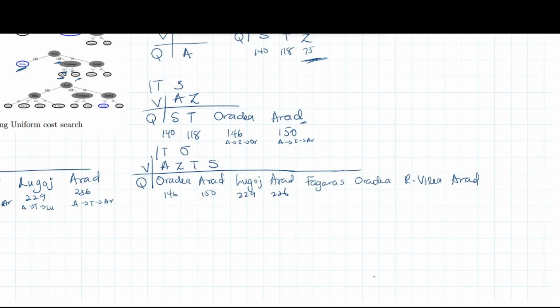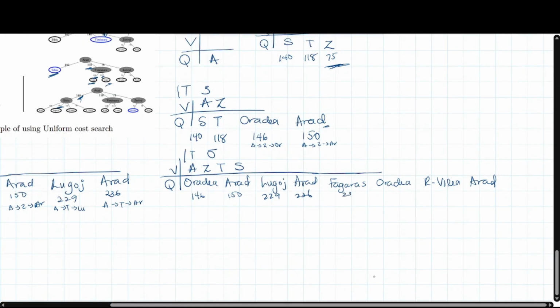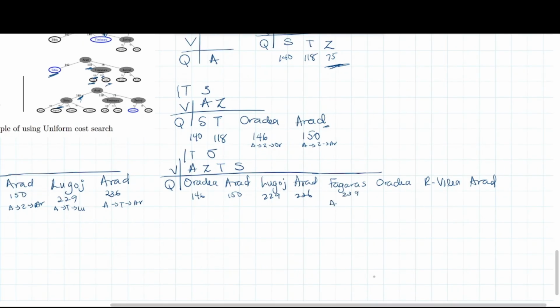To get to Fagaras, it's simply going to be 140 plus 99, 239. I'm just going to denote it as Arad to S to Fagaras. Next, for Oradea, it's going to be 140 plus 151, so that's 291. That's Arad to S to Oradea.